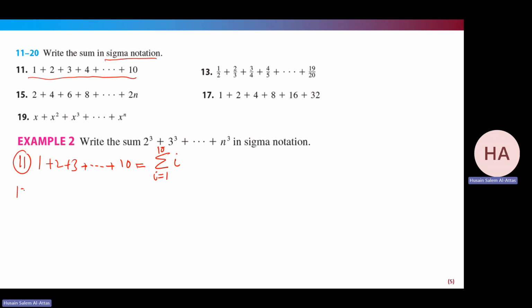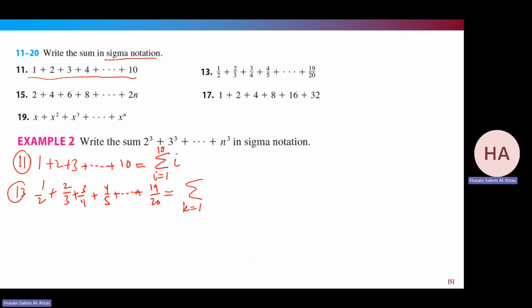Okay, 13. I have 1 over 2 plus 2 over 3 plus 3 over 4 plus 4 over 5 plus up to 19 over 20. Okay, that will be what? Summation. I want to start from k equals 1.